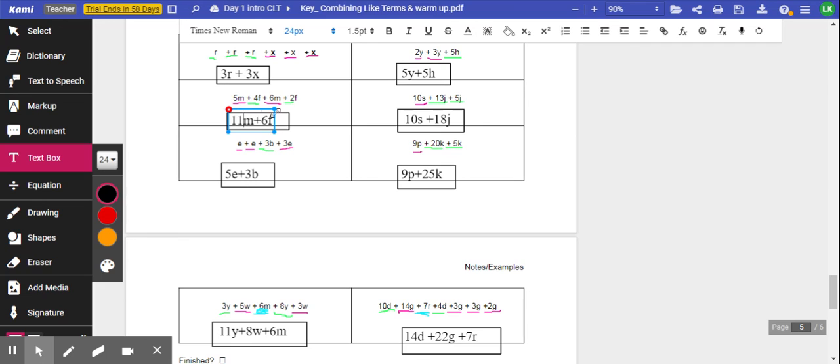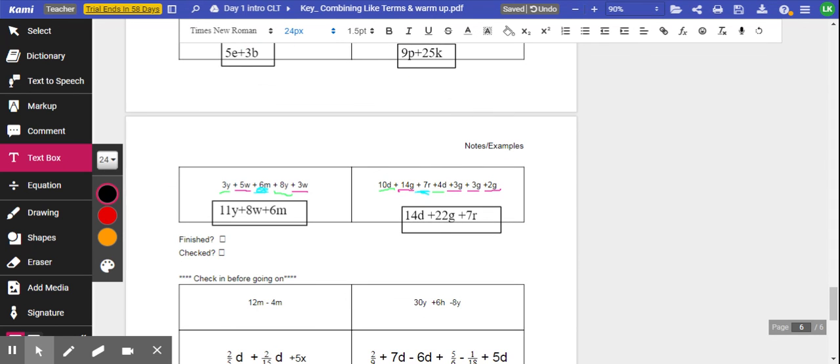Okay, so 11M plus 6F, 10S plus 18J, 5E plus 3B, 9P plus 25K, 11Y plus 8W plus 6M, 14D plus, so 14 plus 6 plus 2, it's 22G, and plus 7R.